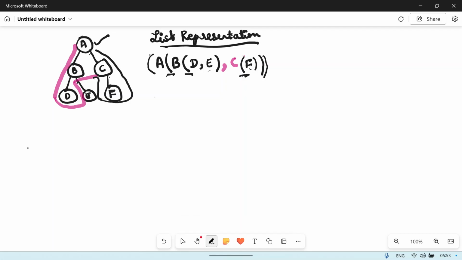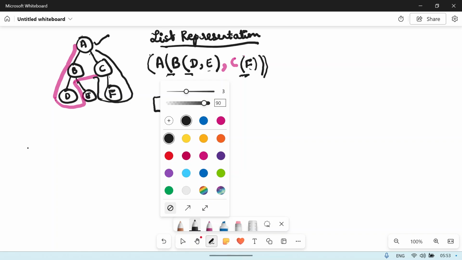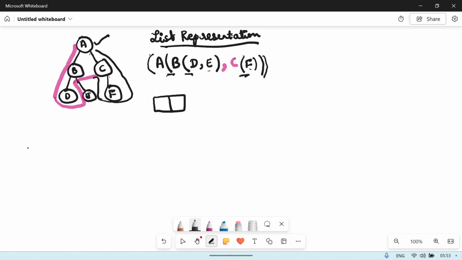See here. So first I will write the very first node. Very first node is having the value A, right? So I'll write A. Then I will check if A is having any child nodes. Yes, A is having two child nodes, correct?